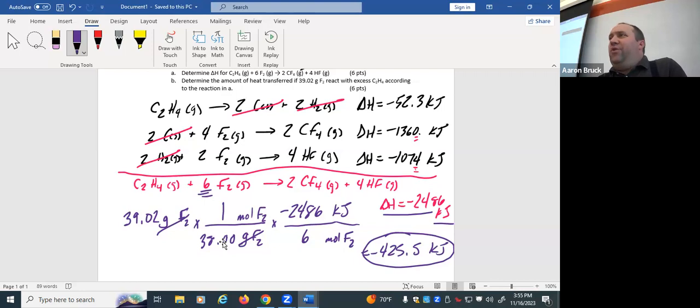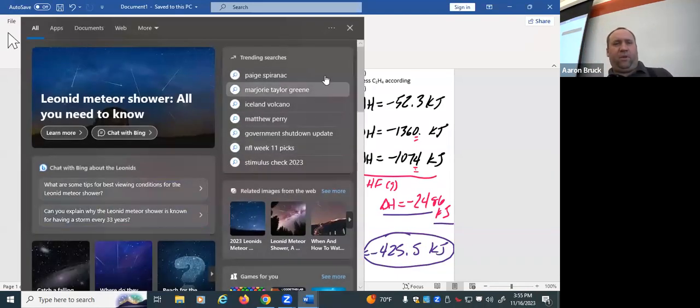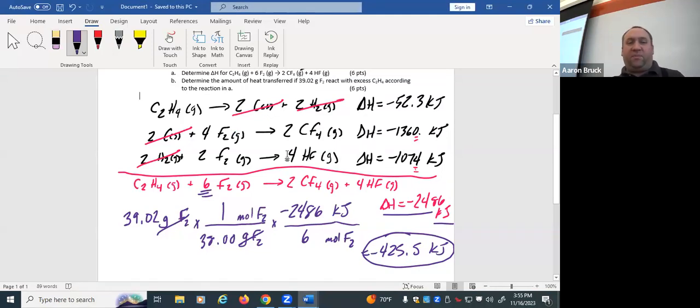So if we do get hit with a problem like this, if there's the Hess's law component before it, we can solve the Hess's law component separately. But if it's like the quiz that you took over thermochem, where all you had was basically the second part, you had a chemical reaction, and then you took the chemical reaction and converted it, that's how you do it.